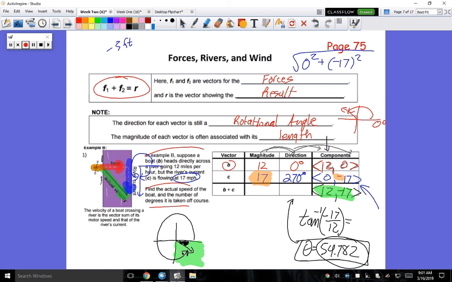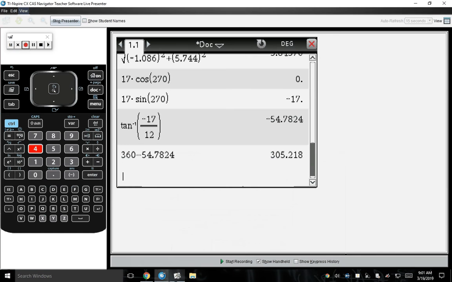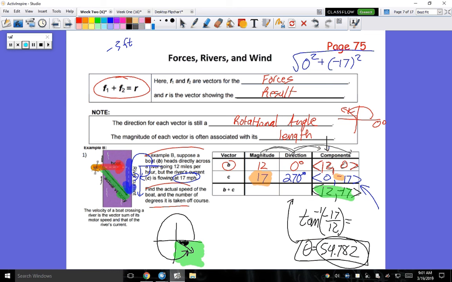Again, remember, you're interpreting it as a positive. And you can say it's traveling at 305.218 degrees, or you could just put the negative there if you'd like. I'm just going to go ahead and put the negative because it's coterminal, and I can say it's negative 54.782. Now, I know I've been doing a lot of positive angles for all the other examples, but because this is coterminal, you can do this as well.